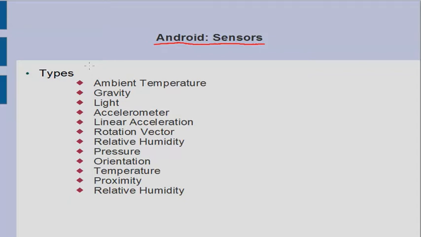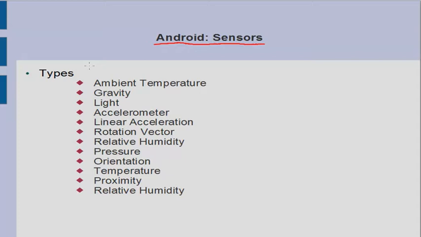You can have a lot of tiny Android sensors on your Android mobile phone, whether it's from any company, and these sensors actually provide more functionalities, more features, and more flexibility to the user who is using these Android devices. So what kind of Android sensors can we have?